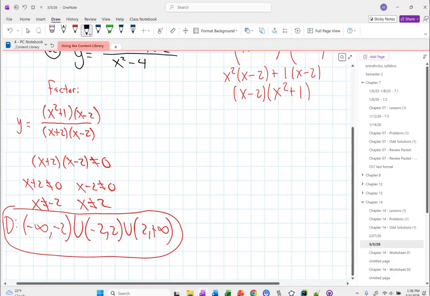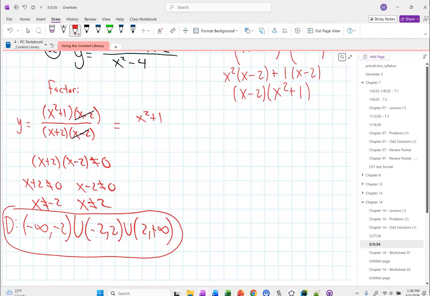we're going to reduce. Because we're able to reduce, what can happen? Removable discontinuity, the RD or the hole.